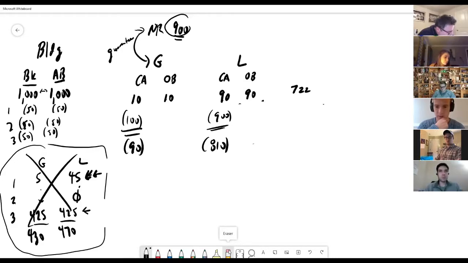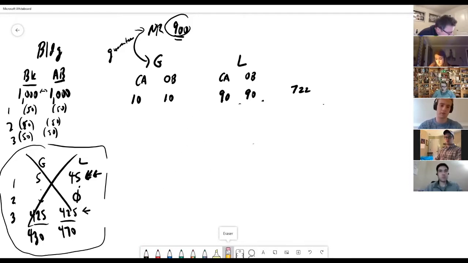So G's going to bear all 900 of the economic risk of loss. So it all goes to G. And we go to year 1 and year 2. It's the same as before.